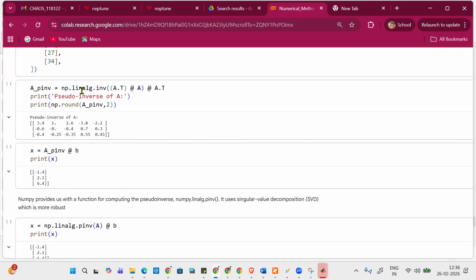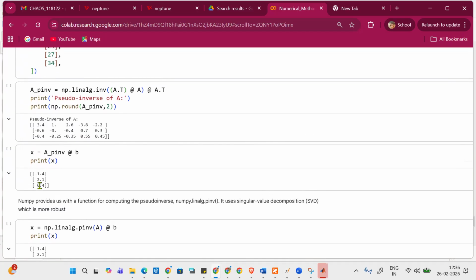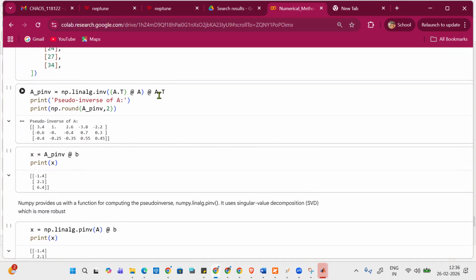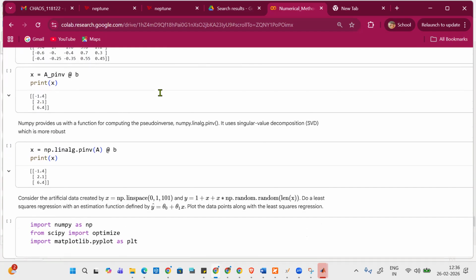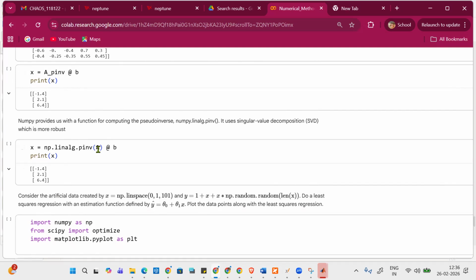See, here I did not apply the pseudo inverse function. Did I apply it here? No, I applied just the inv function, which is already there, and then I did the calculation. I got the coefficients as minus 1.4, 2.1, 6.4. Now, instead of these lines, this big confusing line, I can just do pinv of A, and within that I got the same answer.